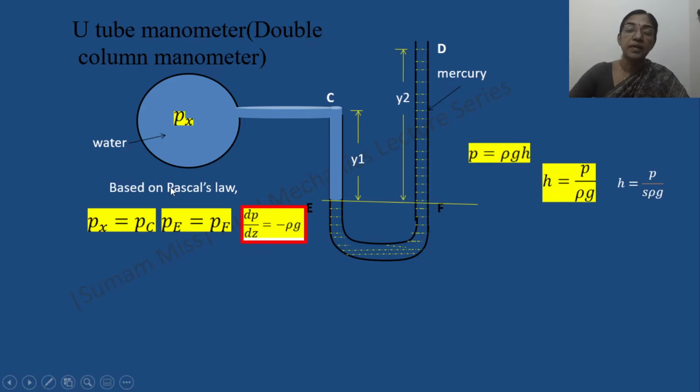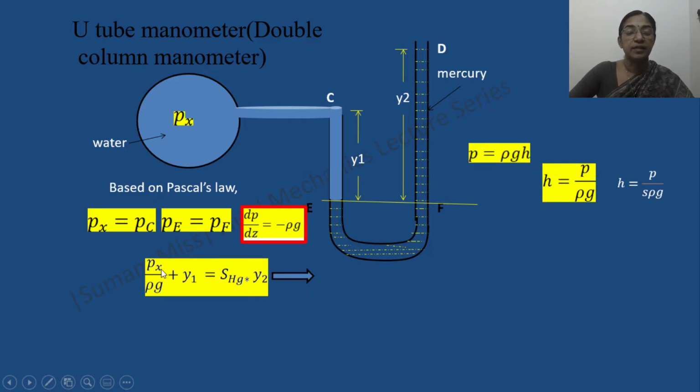So if we write down the pressure balance equation, we have to equate pressure at E equal to pressure at F. Pressure at E equal to Px by rho g, which indicates the pressure head at this level, and to reach E we have to come down. So that means Px by rho g plus Y1. Since it is water, its S value is equal to 1.